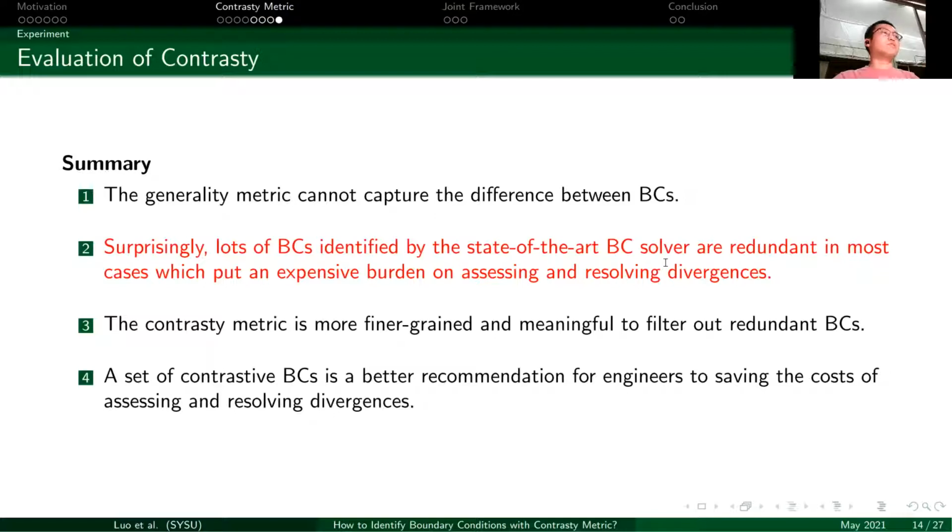Another surprising discovery is that a lot of species identified by the state-of-the-art species server are captured by the same divergences in most cases.